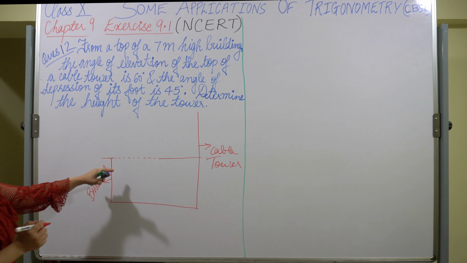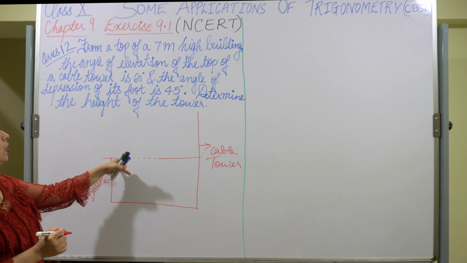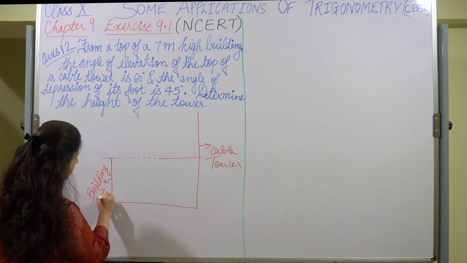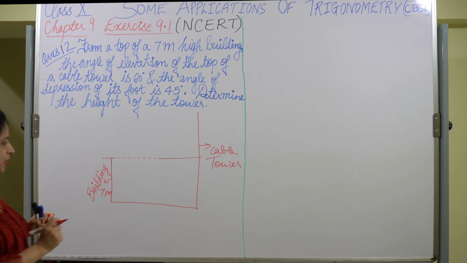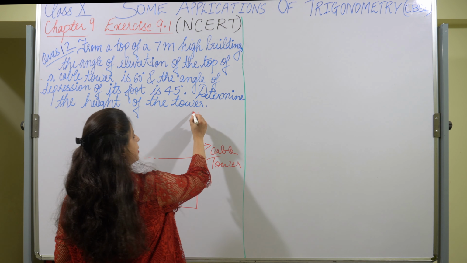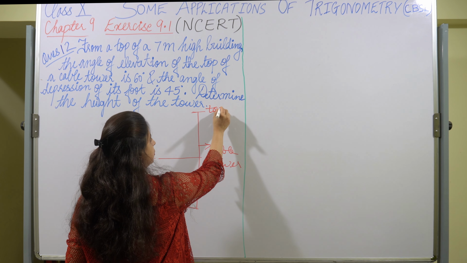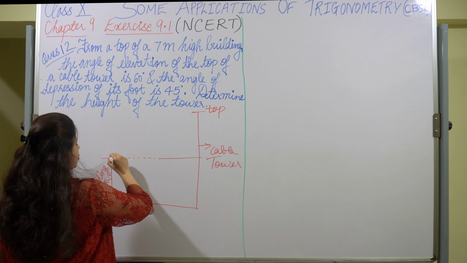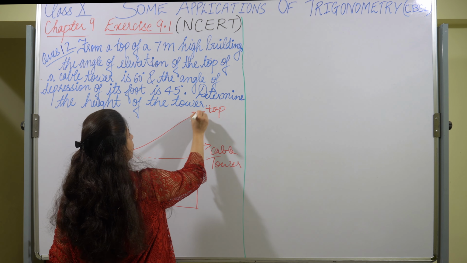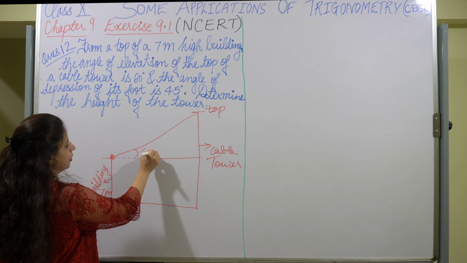It is being given in the question that the building is 7 meters high, and the angle of elevation of the top of the cable tower, let it be the top of the cable tower, is viewed from here, so it will be 60 degrees.